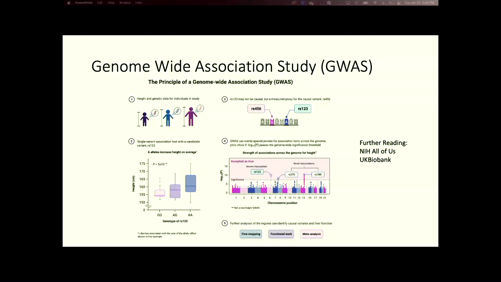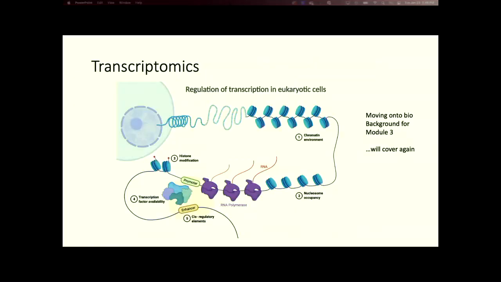So then, after we make these risk scores in these genome-wide analysis studies, we can move on to our final phase. We want to do fine mapping, functional validation work in model organisms, and meta-analyses between many studies. So this is just looking at mapping traits in the genome. We can also study the transcriptome.